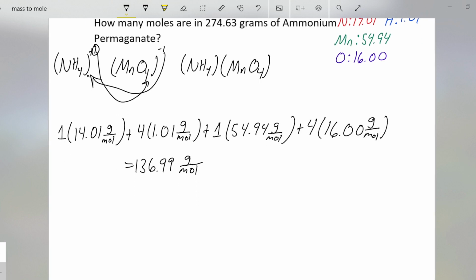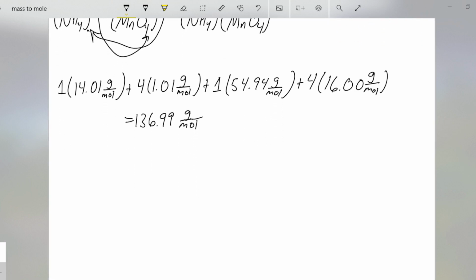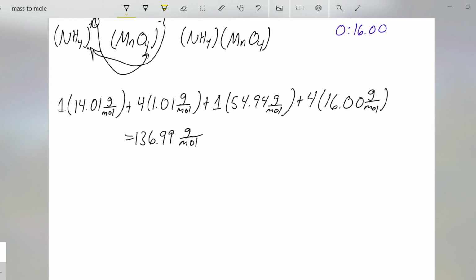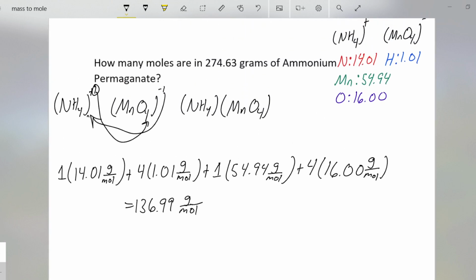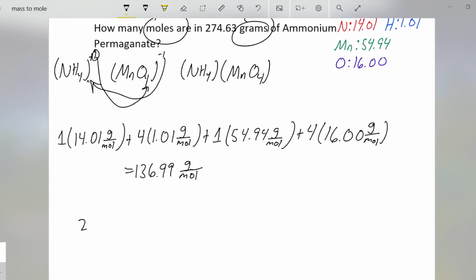Now that we have our molar mass of our ammonium permanganate, we can take that and go from our mass island to mole island. We have 274.63 grams of this ammonium permanganate, and we want to go from mass island to mole island. That means our mass stuff goes down below deck where it's in storage, 136.99 grams.